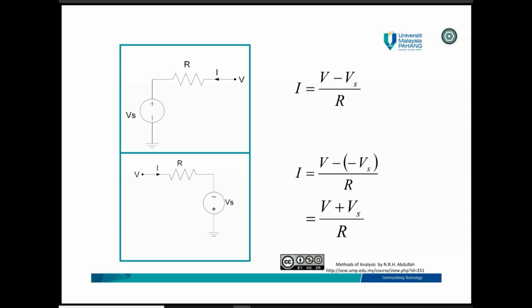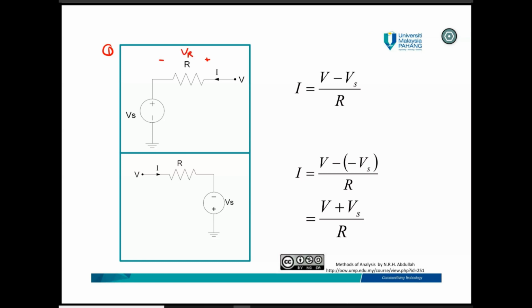For the first figure as shown in here, you can see that the current exits the node. In nodal, assume all the currents exit. So the current is entering the resistor, and of course the polarity for the voltage of the resistor looks like this.